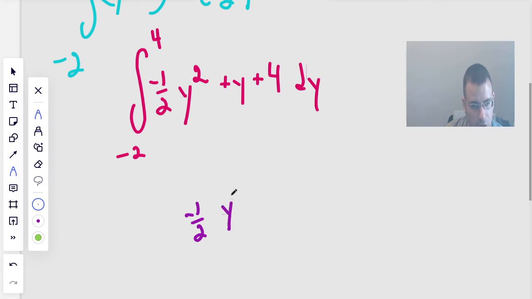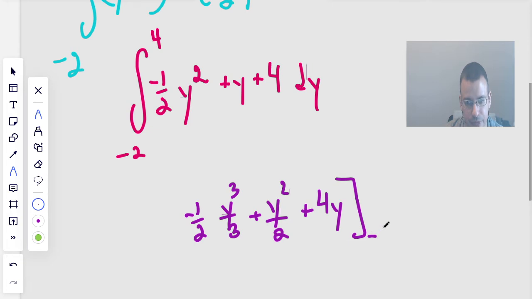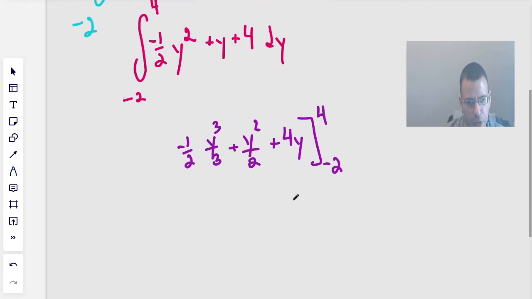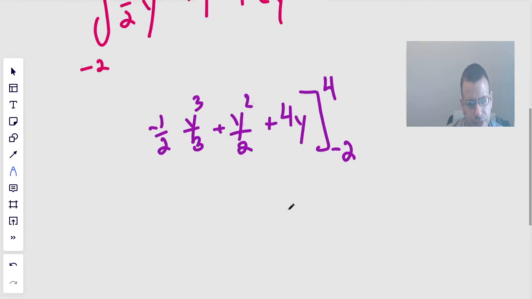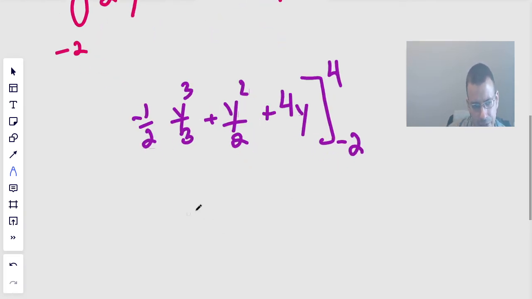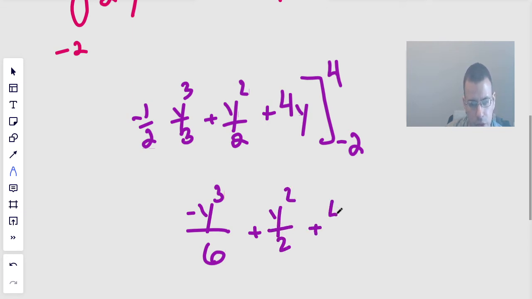Negative 1/2 y cubed over 3 plus y squared over 2, just the power rule, nothing big and fancy, from negative 2 to 4. I'll rewrite this once as negative y cubed over 6 plus y squared over 2 plus 4y, from negative 2 to 4.